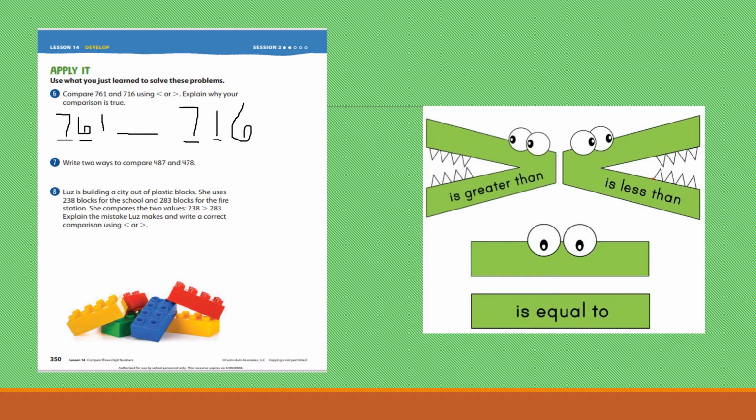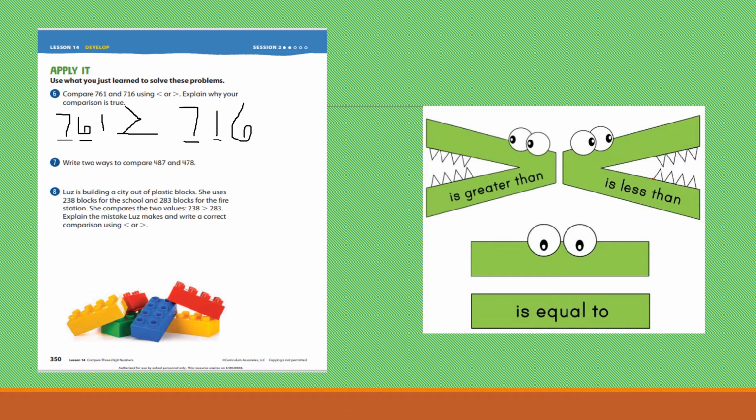The 6. So I'm going to make sure that my alligator mouth is open to the bigger number, and I'm going to read it as 761 is greater than 716. Now, explain why your comparison is true, because 6 tens is greater than 1 ten. Good job.